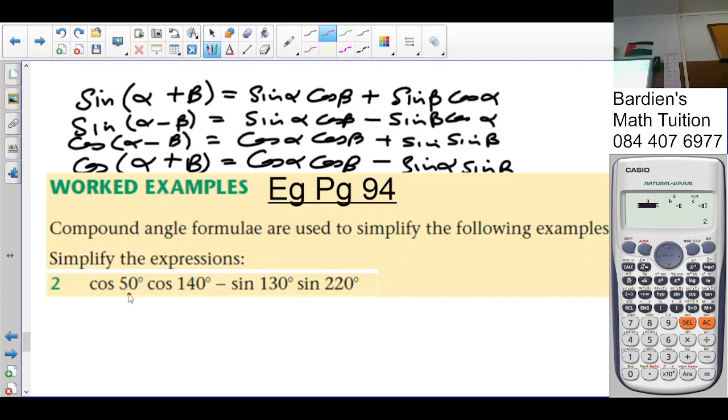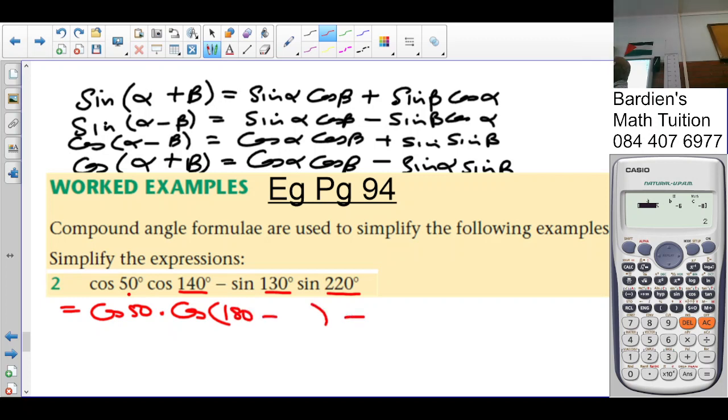50 is fine. However, 140, 130 and 220, I'm going to reduce all of those to acute angles, which means to say they're in the first quadrant. So 140 is in which quadrant? Second quadrant. How do we get into the second quadrant? 180 minus something.